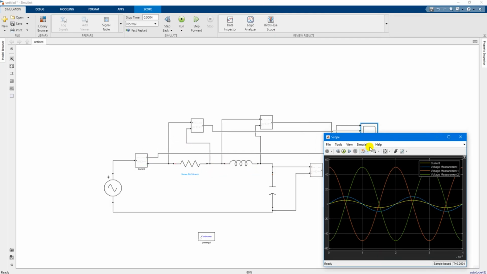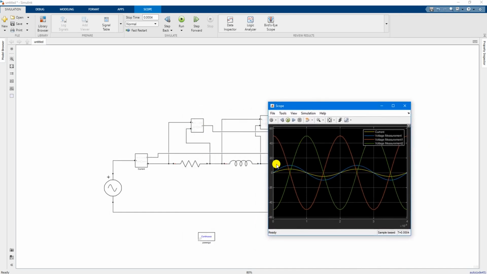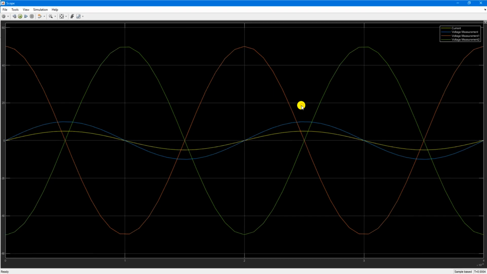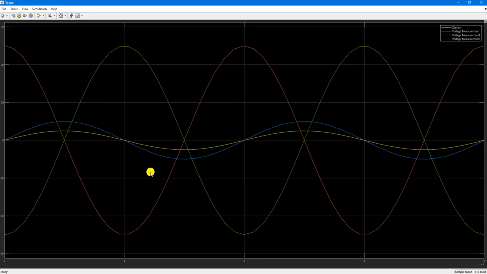Now here you can see that all of the signals are on the same graph. What if I would like to divide them into several graphs? How can I do this? You can simply do this. For example, we have here 4 signals, so we can divide them. Click this button and go down to the third one, layout, and then choose how many graphs you would like.